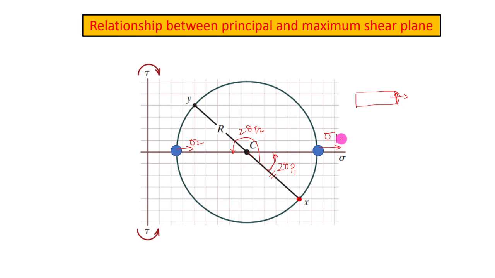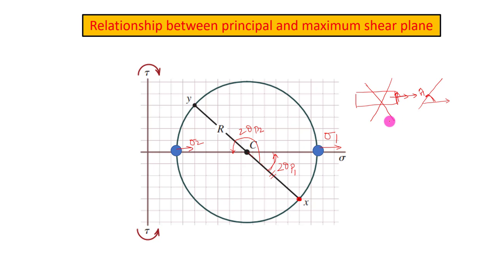So suppose initially the normal of this face is inclined in this direction; when we are measuring this plane, we have to measure in this anti-clockwise direction. So the plane corresponding to this 2 theta p1 will be something like this, and if we are cutting it, the plane will cut at this angle. Similarly, if we take this 90-degree, that will be something like this.